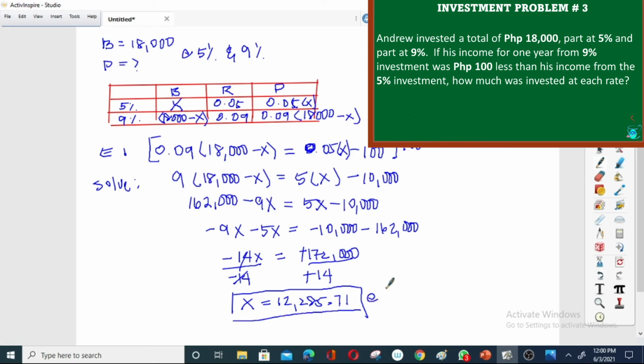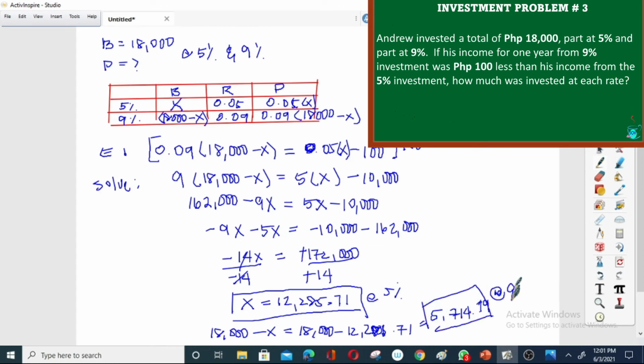At 5%. And the other one is 18,000 minus x, which is 18,000 minus 12,285.71, is equal to 5,714.29 at 9%.